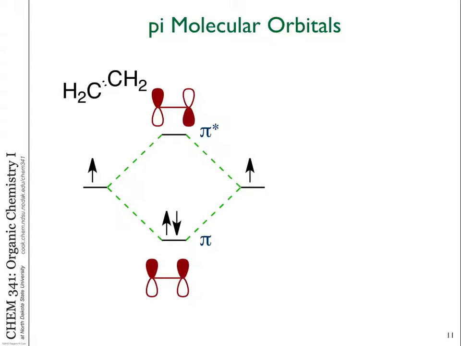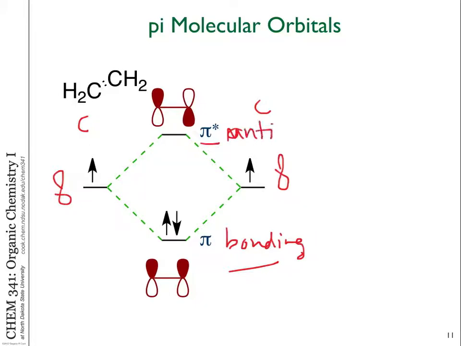This is essentially an energy diagram describing the bonding in ethene. So if you think about a carbon atom here and a carbon atom here with a p orbital and a p orbital, and you bring them together, with one electron each, they form two molecular orbitals: a pi bonding orbital, this is what we refer to as the bonding orbital, and what we call a pi star, or anti-bonding orbital. Okay?